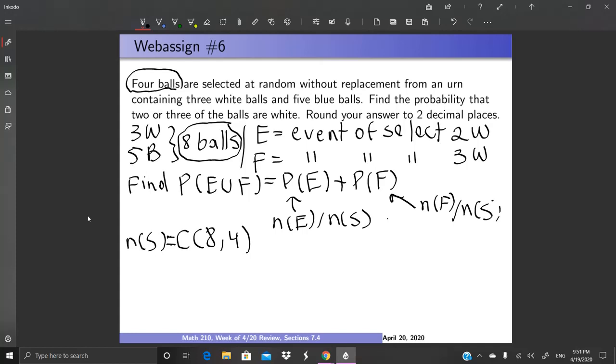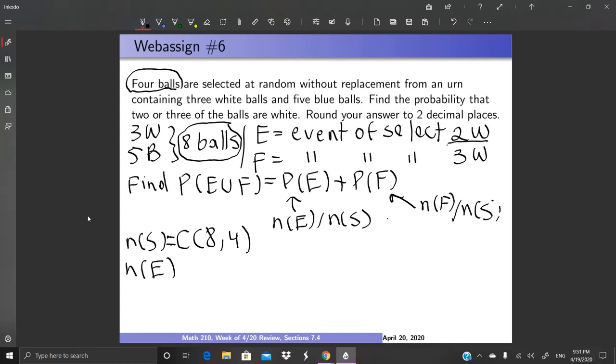Okay, we got that. Next, let's find N of E first. So we want to find the number of outcomes in the event of selecting 2 white balls. The way you want to think about this is, I'm choosing 4 balls total, and I want to choose 2 of them to be white.